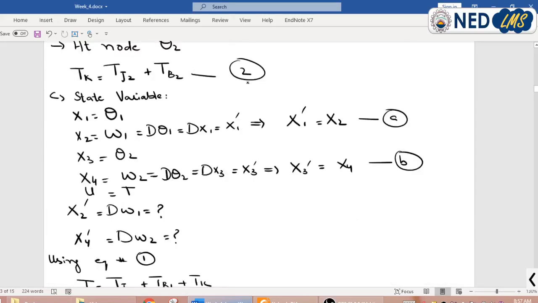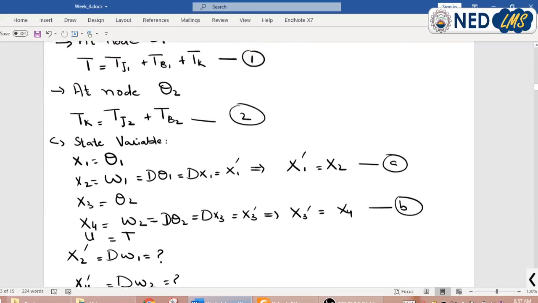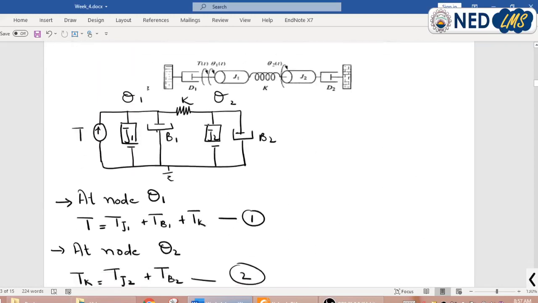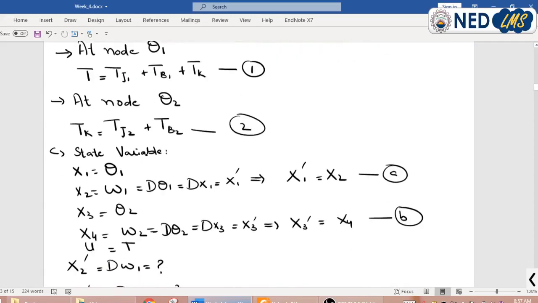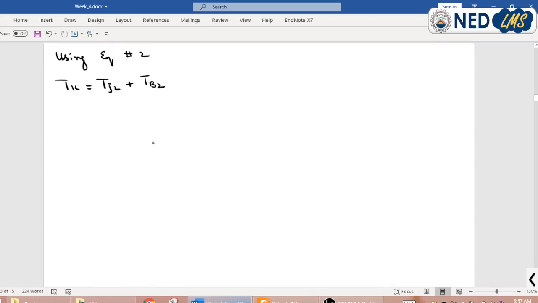Just look at that equation 2. This is Tk, the input torque, which is equal to TJ2 plus TV2. This K can be written in terms of K theta 1 minus theta 2.